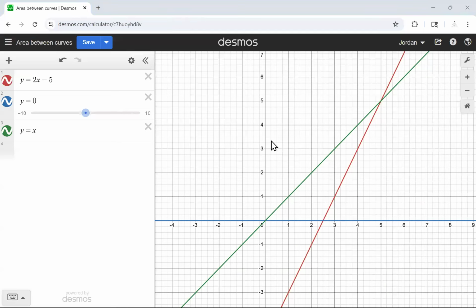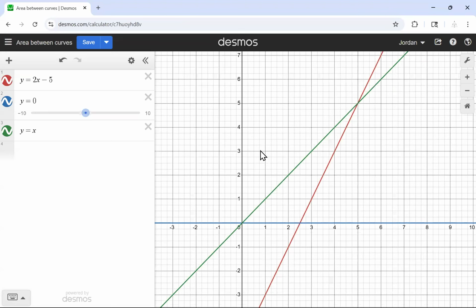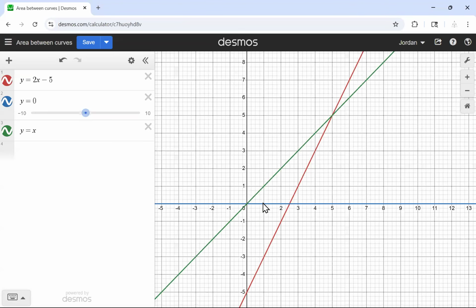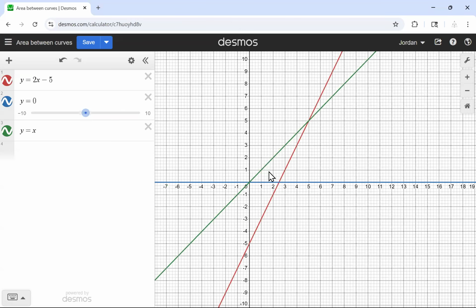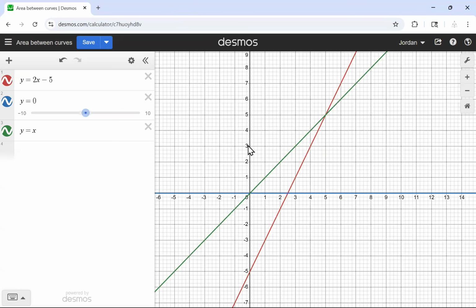I've graphed all three of these curves. Well, all three are lines, but I've graphed all three of these on Desmos. It's pretty easy to see the closed bounded region that we're talking about because all of these other regions are unbounded. They're infinitely big.